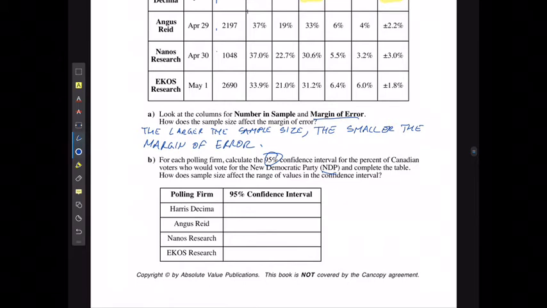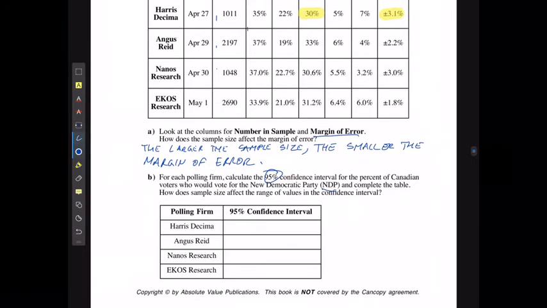If I go down 3.1%, it's going to be 26.9%. If I go up 3.1%, it's going to be 33.1%.